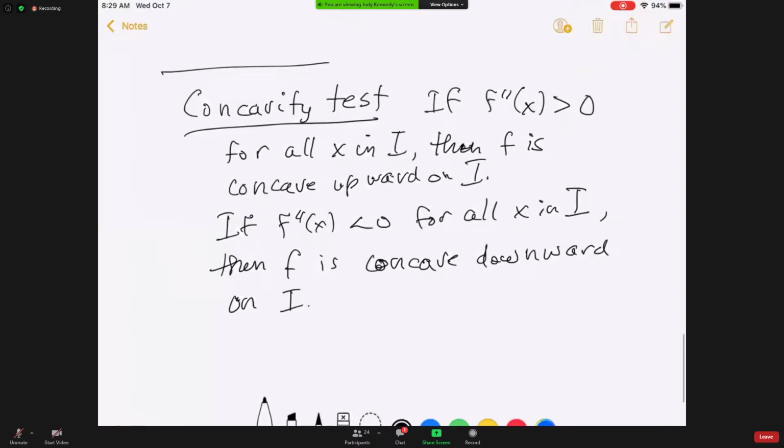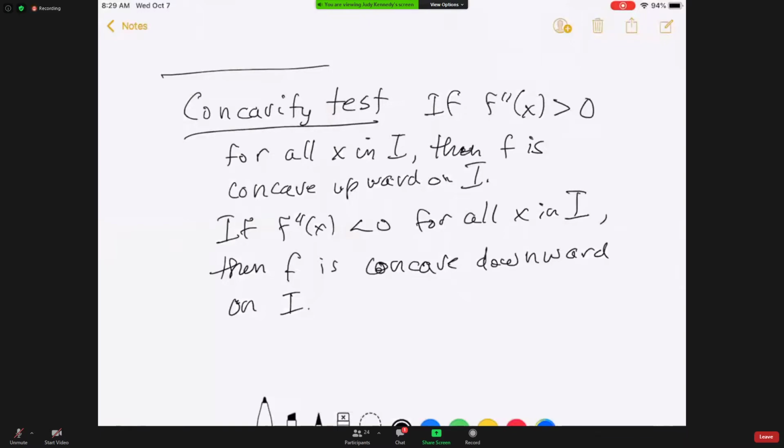So it's the second derivative this time. When the second derivative is positive, f is concave up. When the second derivative is negative, f is concave down. And that means that just like for the first derivative, we wanted to find the critical points.